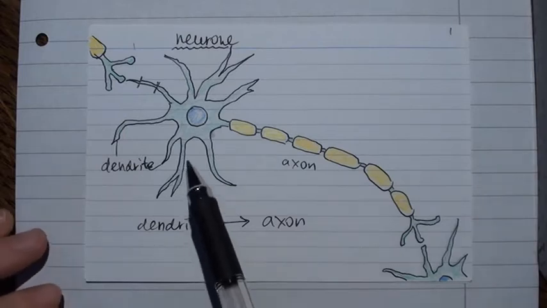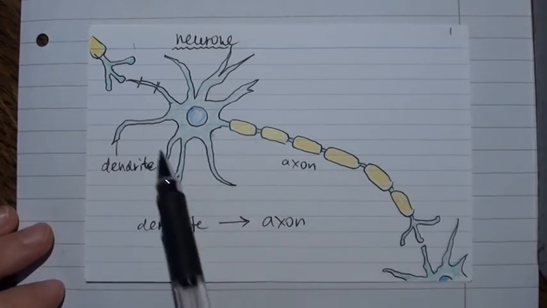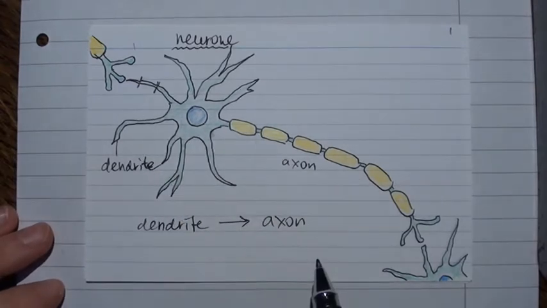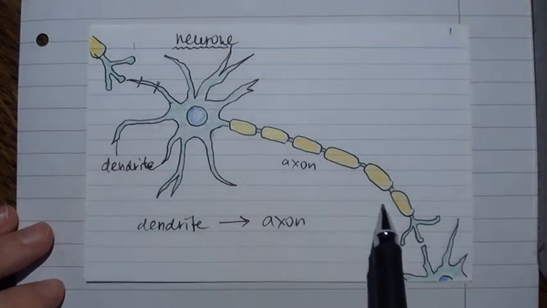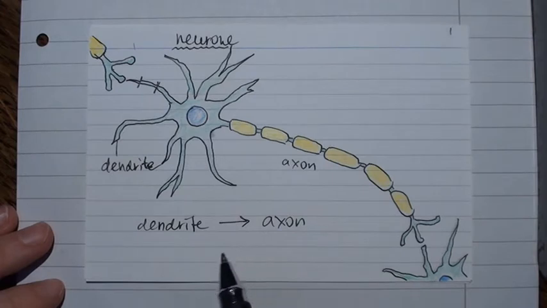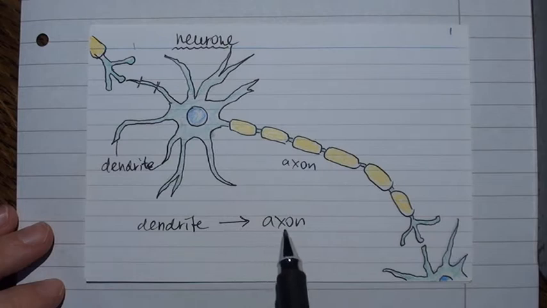So if we consider a neuron, you should be able to recognize a picture like that. You obviously have your dendrite, then you've got your axon, and as we discussed before, the impulses always go from the dendrite towards the end of the axon, which is called the axon terminal.